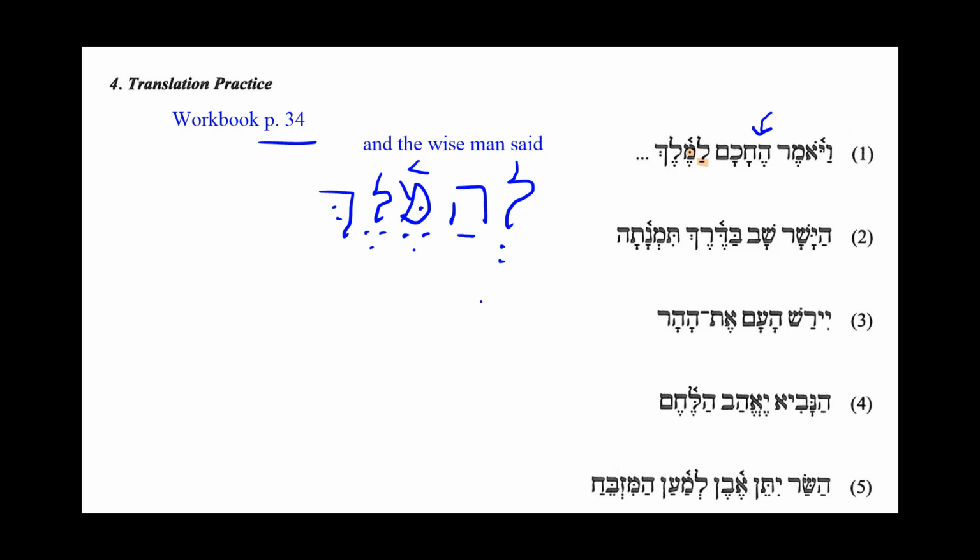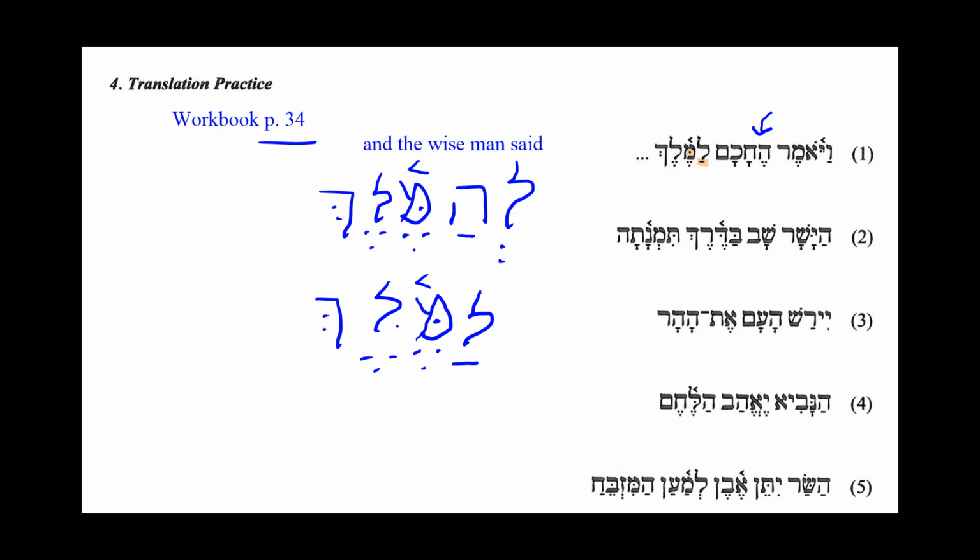So if we want to do this, we're going to put the lamed on there, we're going to give it the patach. The hey drops out, so we're going to end up with the mem. It keeps the dagesh forte, and then the rest of it is the same. So Melech, and then the final kaf. So lamelech. So this means "to the king."